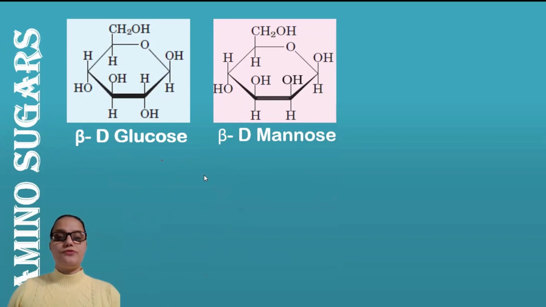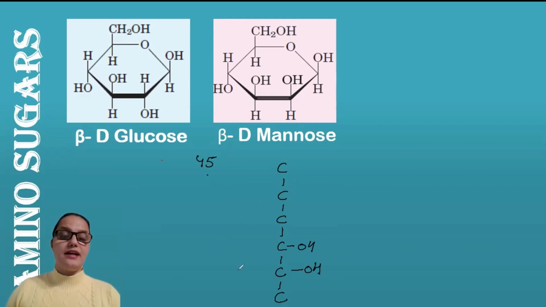The code was 45, which means that on the carbon chain composed of 6 carbons, at carbon number 4 and 5, OH is directed on the right hand side of the carbon skeleton.